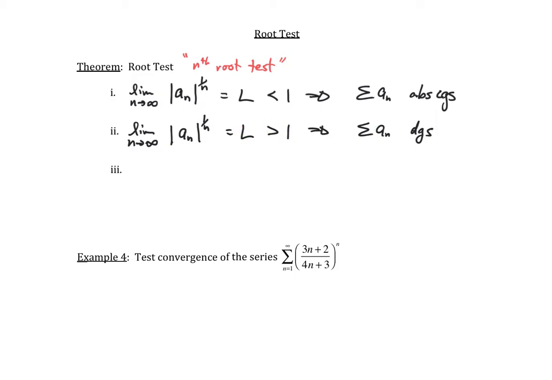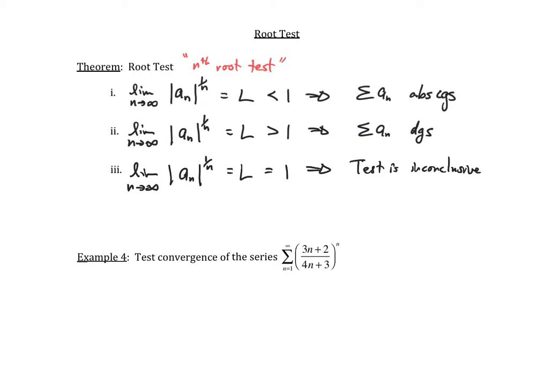So the natural question to ask is, let's say you calculate the limit as n goes to infinity of the absolute value of the general term a_n, and then take the nth root, and call that number L. What happens if it's equal to 1? Well, in this case, the test is inconclusive.